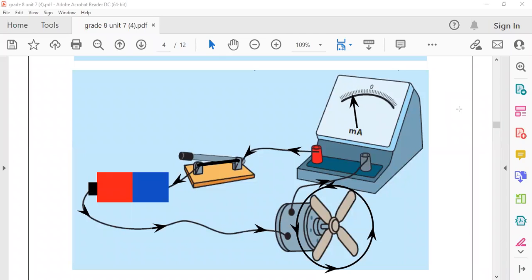Sir, I have taken screenshots. You have taken screenshots. Okay, that is also a fine thing. If you are not taking screenshots, tell me. I will give you the drawn diagrams in the group. You can use that also.